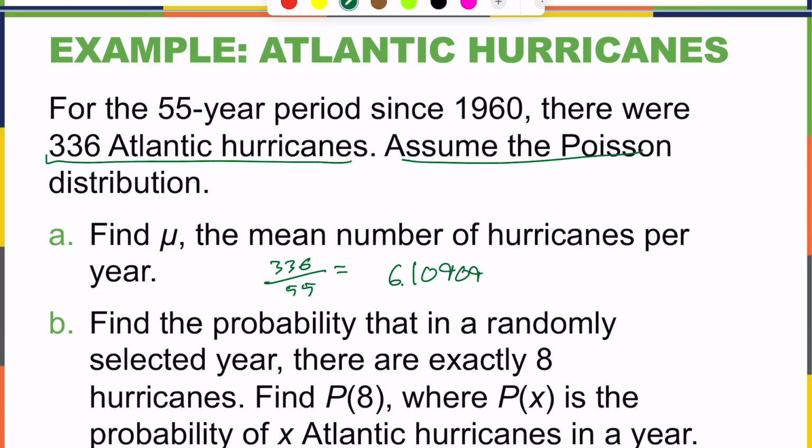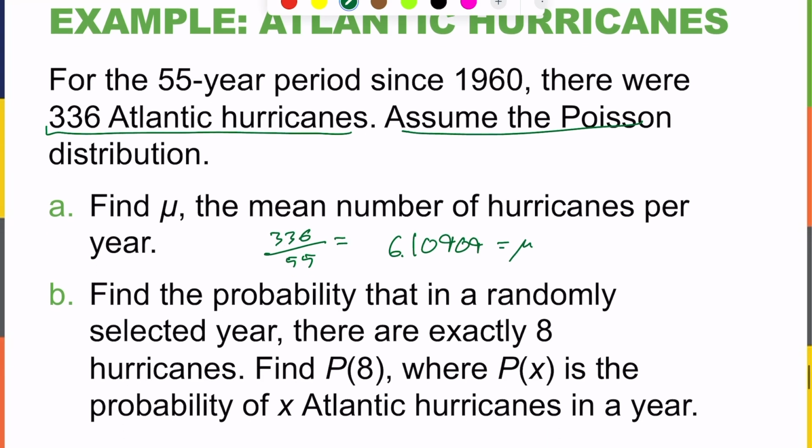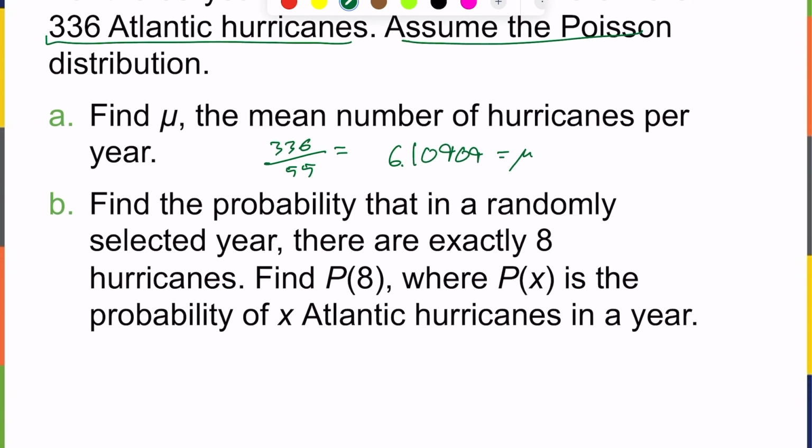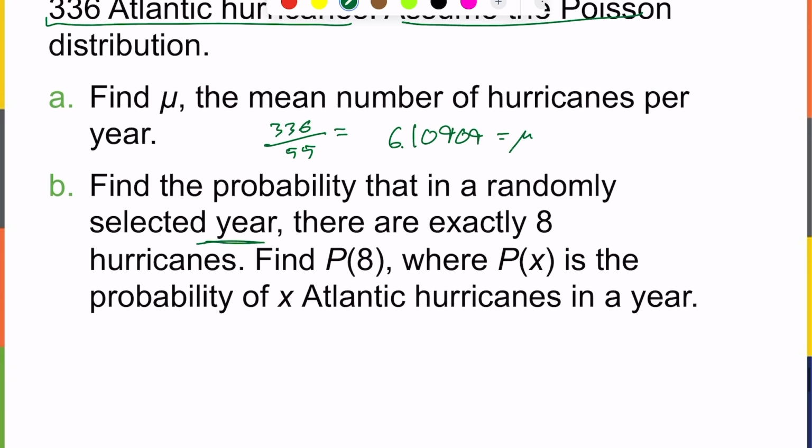Let me just go like that. That's my mu, the average number of hurricanes in a year. Find the probability that in a randomly selected year there were exactly... The year is the interval.